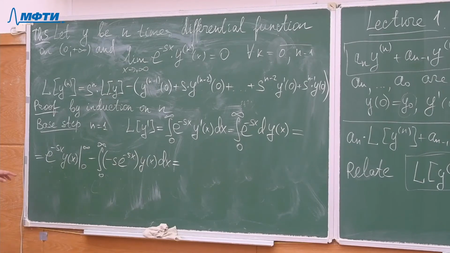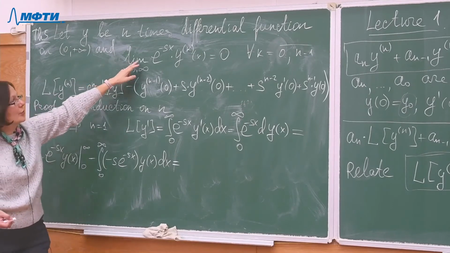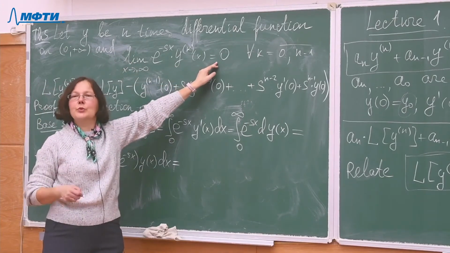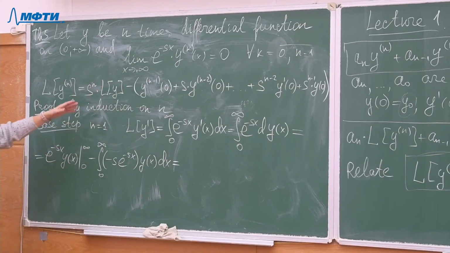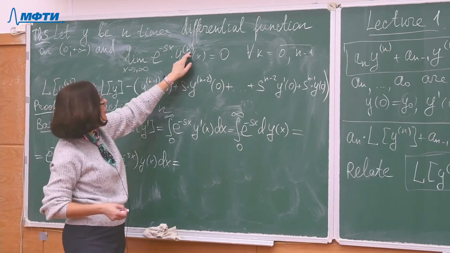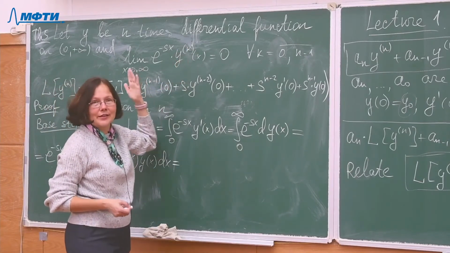Clear? Then let's substitute the upper limit, infinity, into this function. But look at the assumption. This limit is equal to 0. It was assumed. And so we will use this condition for the function itself. If k equals 0, then this means the function itself, right?